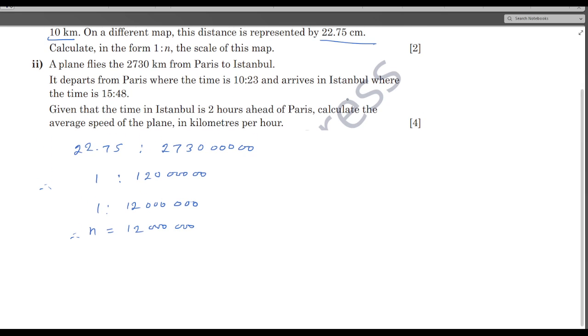So here, for finding the speed, we should know the time.